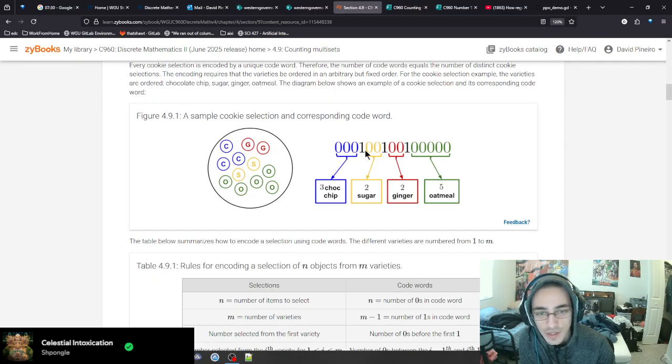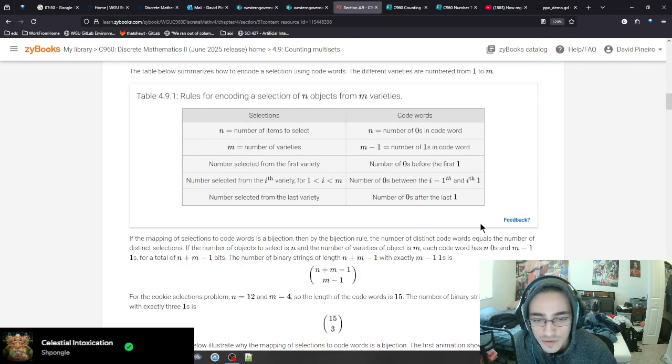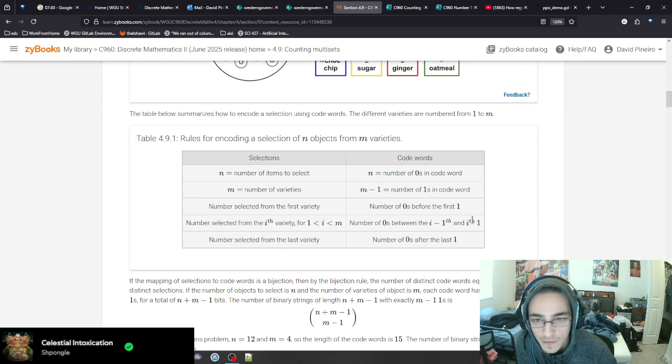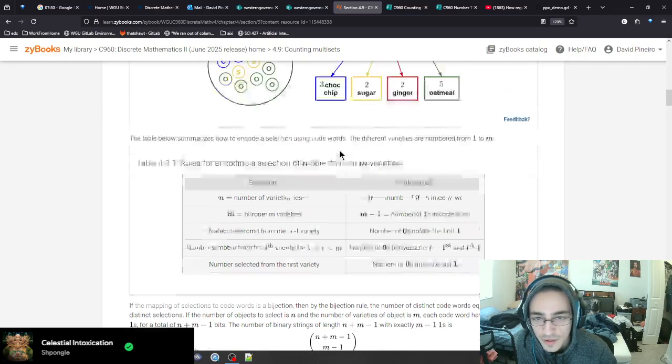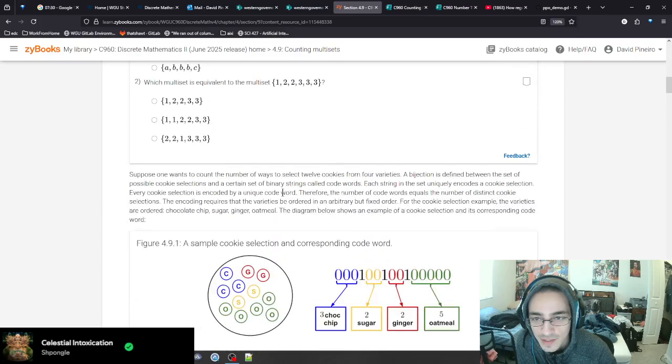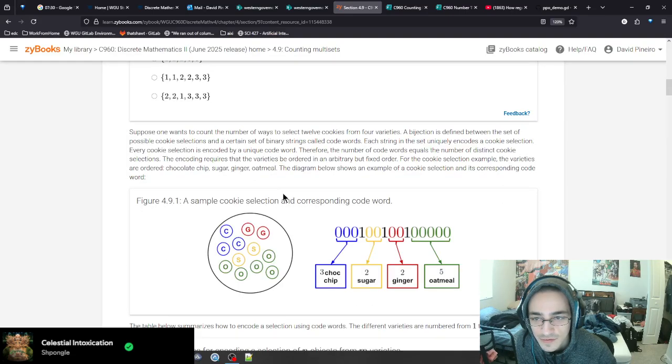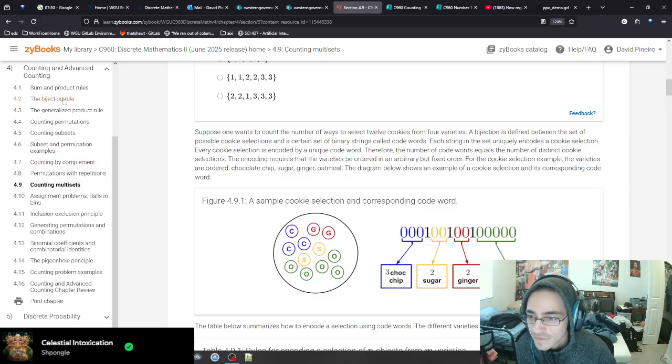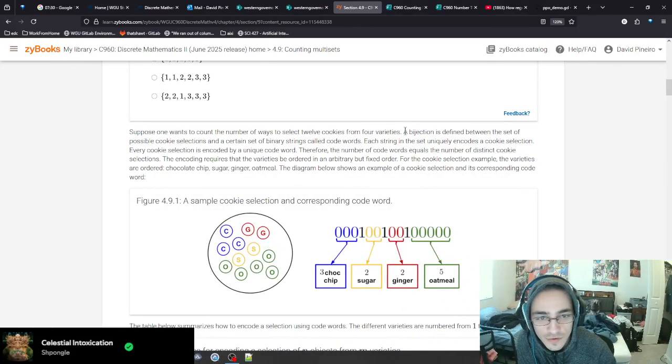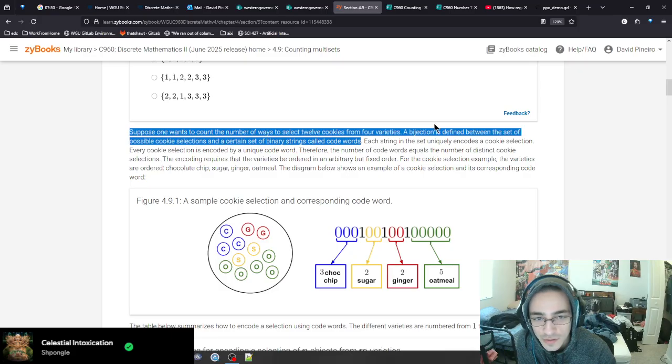Oh, they're using the code words for encoding a set. That's pretty cool. They used the bijection. Yes, that is a previous lesson. Okay, so a bijection is defined between the set of possible cookie selections and a certain set of binary strings called code words.